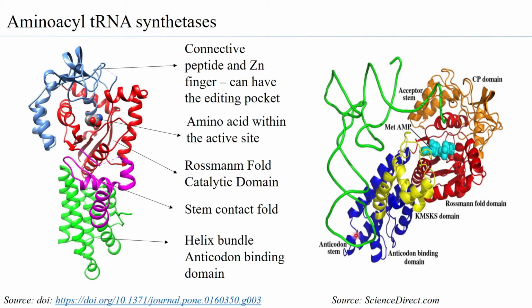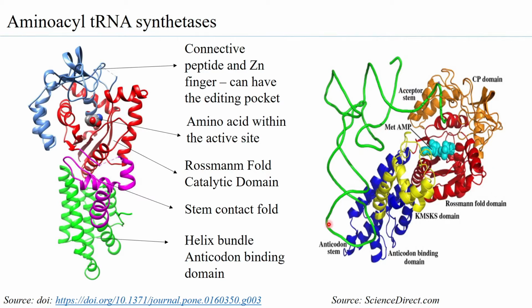So if you can see, this is the tRNA, and you can see the proximity of the amino acid present within the active site and the adenosine A of the acceptor arm of the tRNA, because the acyl bond that has to be formed, the reaction that has to be carried out by the enzyme, is between the amino acid and the CCA of the tRNA. So therefore this is extremely important.